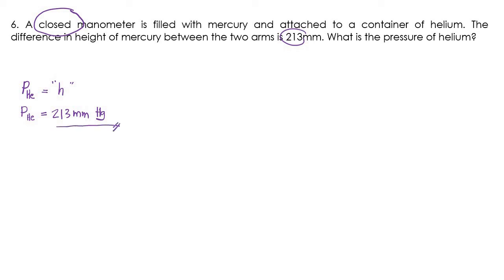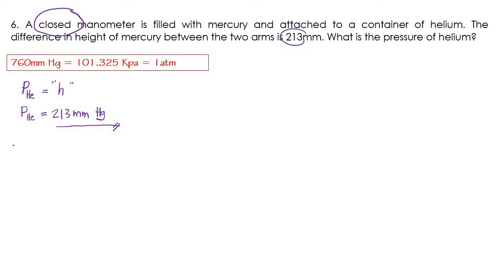So if we want to convert our answer to kPa, we just use the conversion factor. So pressure in helium is simply 213 millimeter of mercury times conversion factor 760 millimeter of mercury is equal to 101.325 kPa.